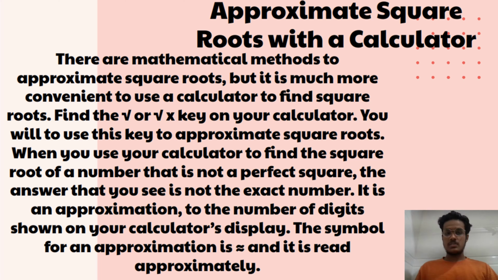When you use your calculator to find the square root of a number that is not a perfect square, the answer that you see is not an exact number. It is an approximation to the number of digits shown in your calculator display. The symbol for an approximation is approximately equal to, and it is read approximately.